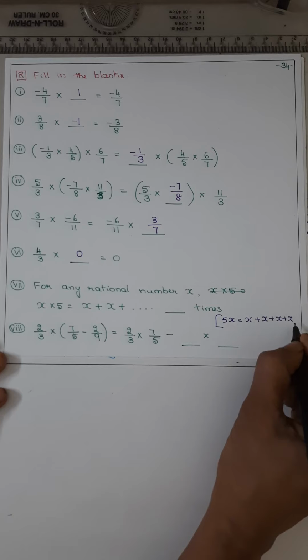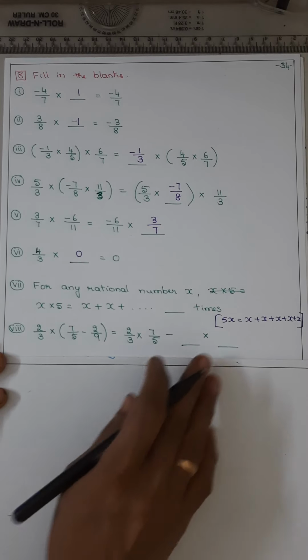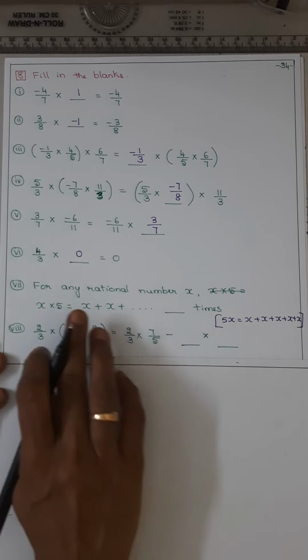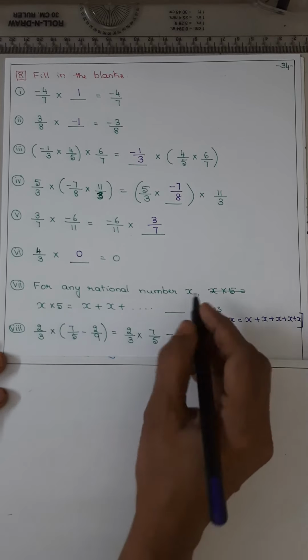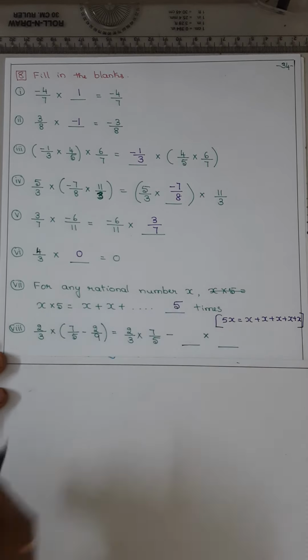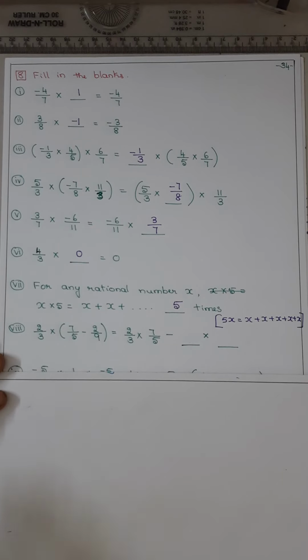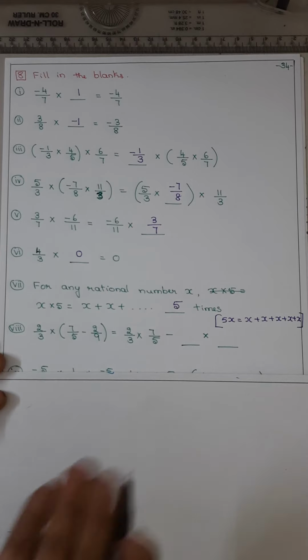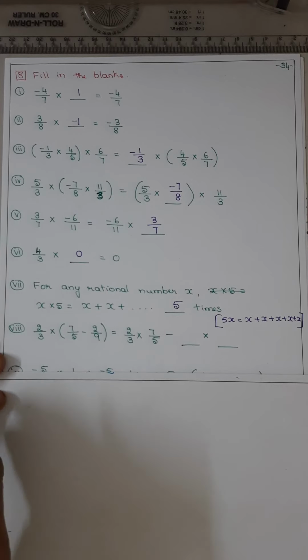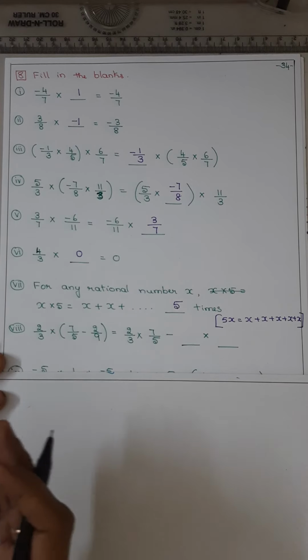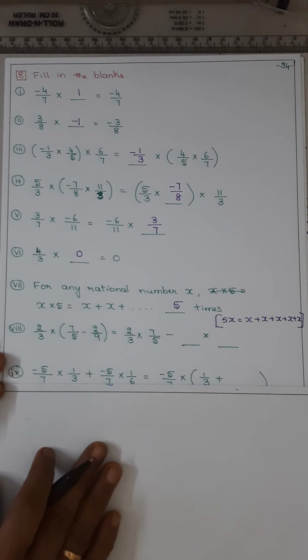Yes or no? When you add x 5 times, we say 5x. So you are adding x how many times? 5 times. Hope you have understood. x into 5 means 5x. That is x added 5 times.